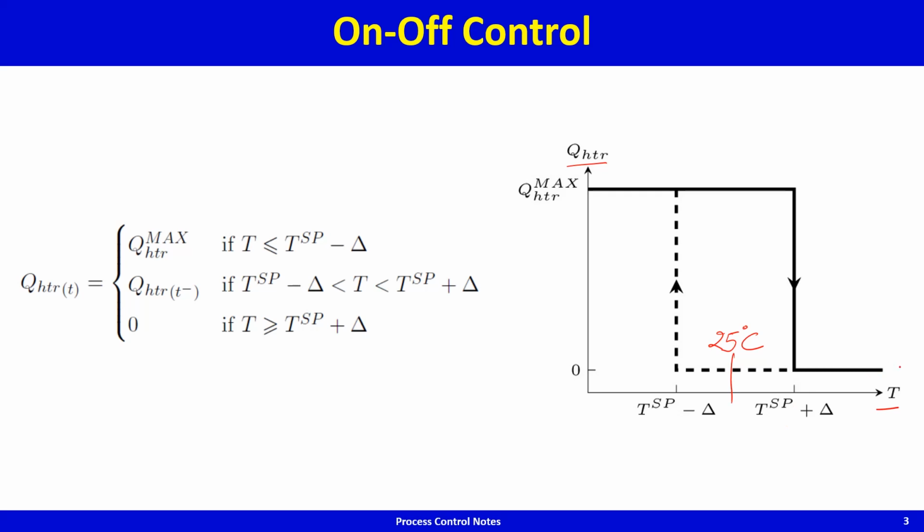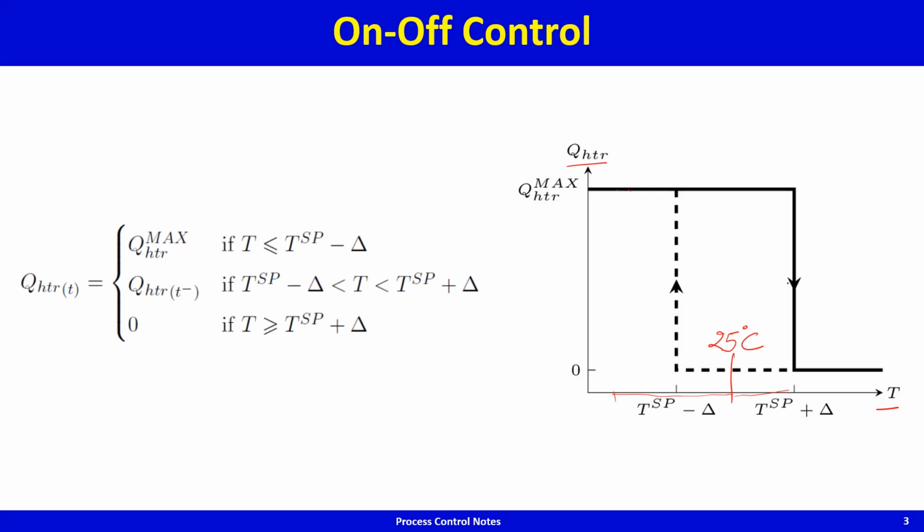Now if the temperature is very low, heater is on. As the heater is on, the temperature will start to rise. It crosses 25 degrees Celsius, and as it increases a little further above 25 degrees Celsius, at 25 plus delta degrees Celsius, the heater state switches off.